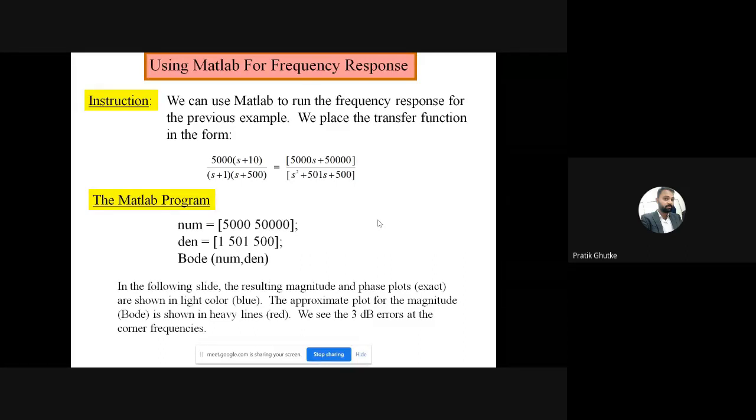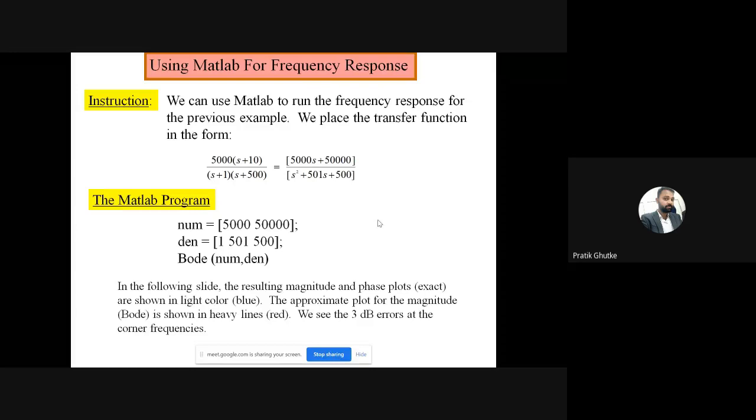So what will be my MATLAB program for this? So I have to identify the numerator. So numerator equals to num. Num means numerator, N-U-M, equals to, in square bracket, I have to write 5000 and then 50,000. And I have to give the semicolon there. If I will not give that semicolon, that plot will not be plotted. Num means numerator and then denominator. What denominator am I having?